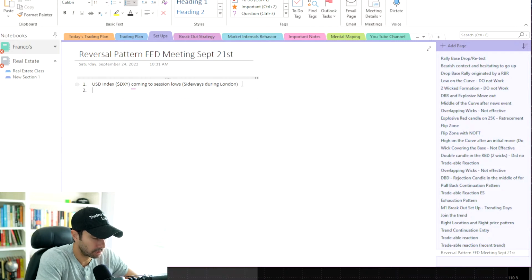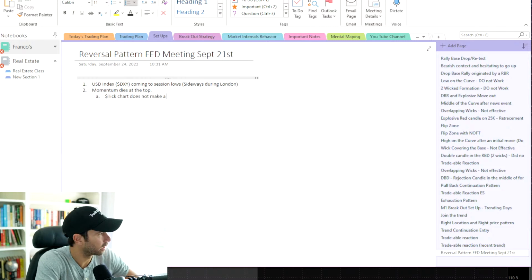Number two, momentum dies at the top. So you have here the tick chart, which does not make a new high, and NQ, sorry, and NQ makes a similar high.